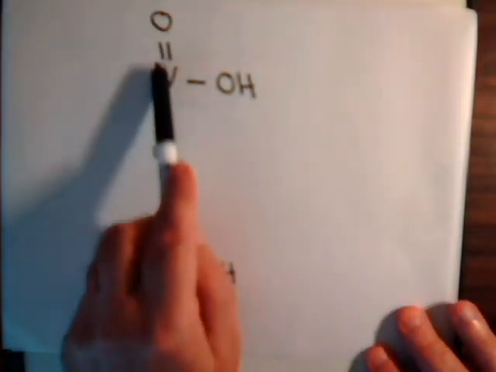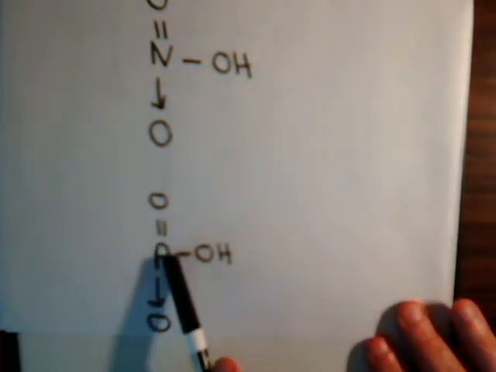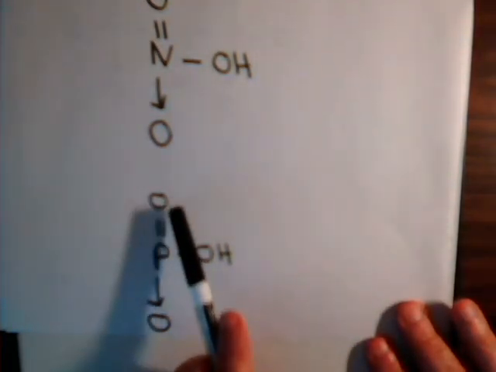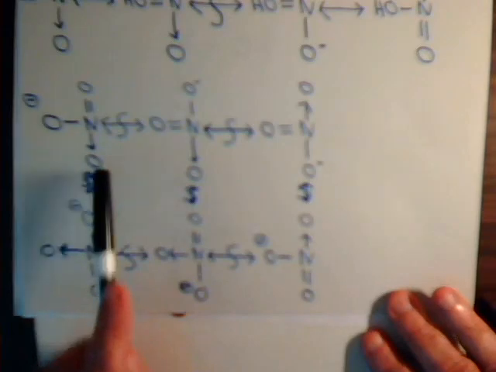And again, it's all predicated upon this: unlike nitric acid, phosphoric acid does not have this pi bond, and therefore, when you form the anions, phosphoric acid does not have this super powerful resonance.